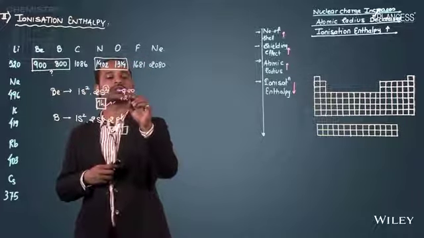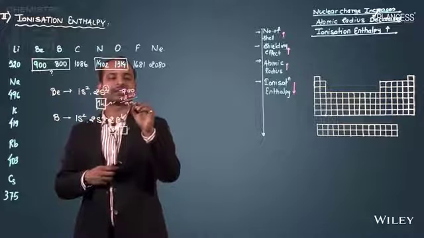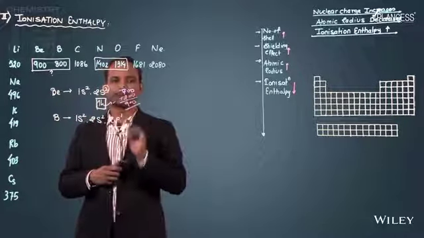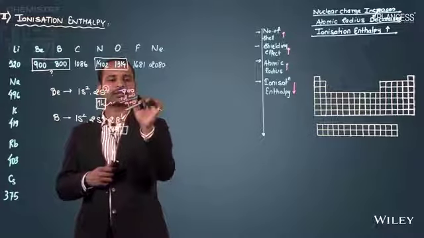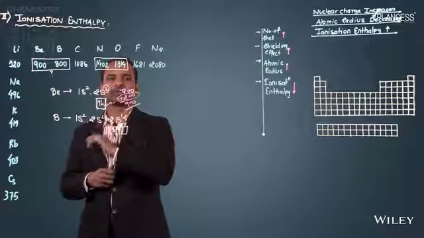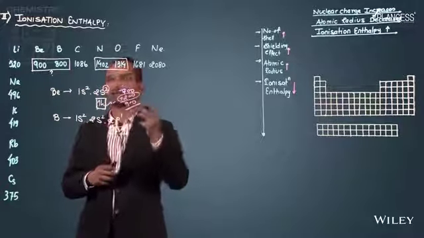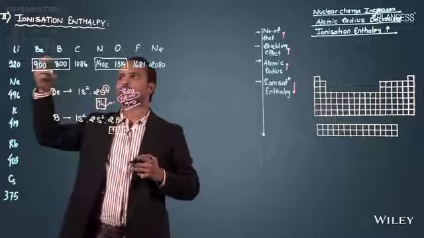And how much more energy? Approximately 200, and that's why the value becomes 900. Due to the stability, it requires a certain amount of extra energy, and hence the value becomes more than boron.